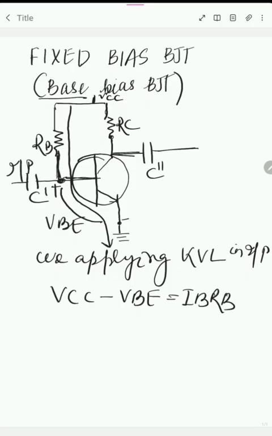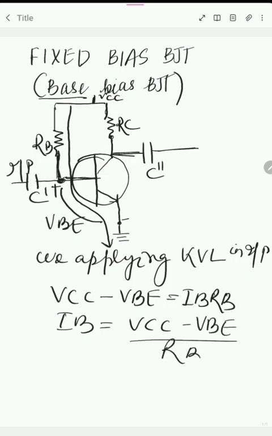Then IB equals VCC minus VBE divided by RB. Here we can identify the input current IB.